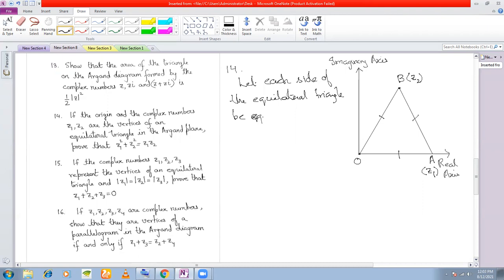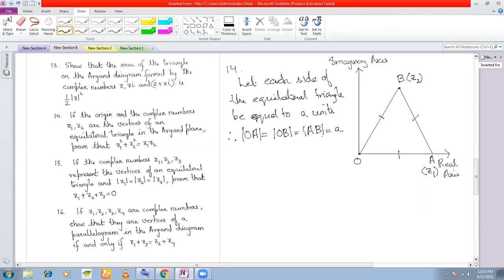So therefore, I can write OA, or you can also write mod OA, is equal to mod OB is equal to mod AB, or you can simply write OA is equal to OB is equal to AB.